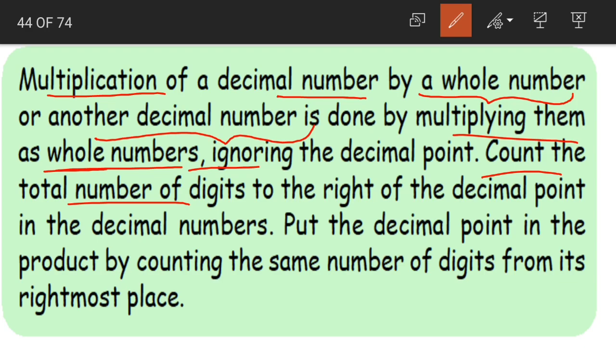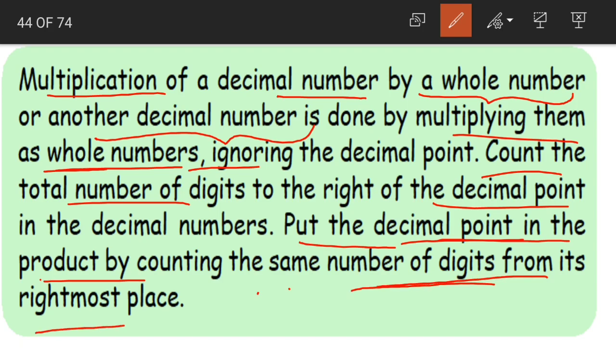Yes, the number of digits to the right of the decimal point are nothing but our decimal places. So we count the number of decimal places in the given numbers, and then we put the decimal point in the final product by counting the same number of digits from its rightmost place. Yes, this is very important.